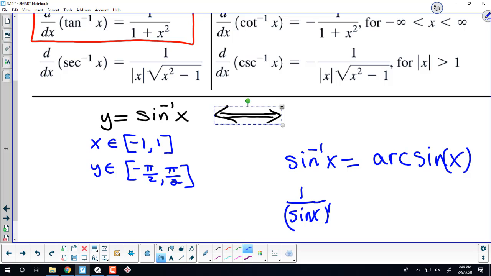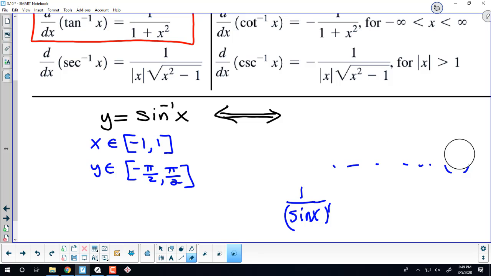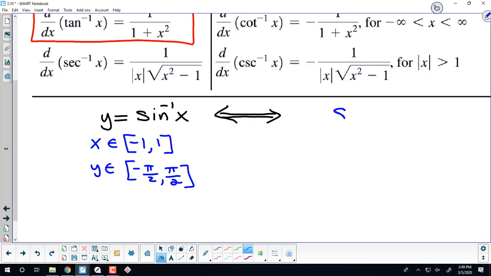Or rather, could you say x equals sine of y? Yeah, right. If y is the inverse sine of x, we just take the sine of both sides. So the sine of y has to equal the sine of sine inverse. They're inverses of each other, so they cancel out.